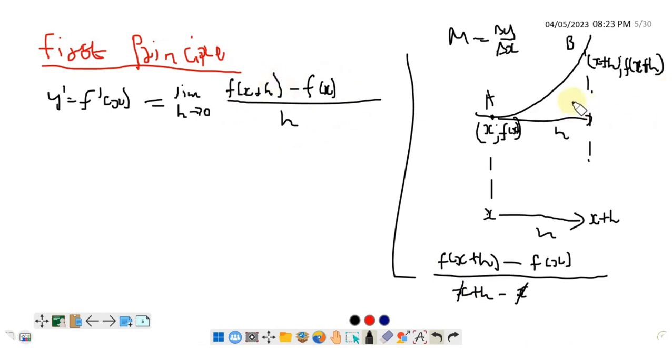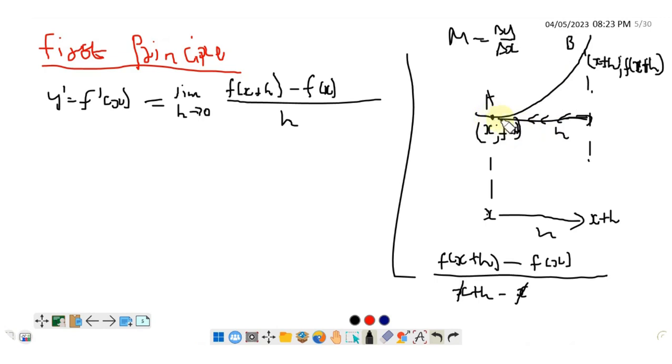So what they are doing is they are giving us this, but they are saying h approaches 0, meaning that this h is getting reduced. It moves back to 0. It's getting closer and closer to the point A until point B is on top of A. Then h is 0.